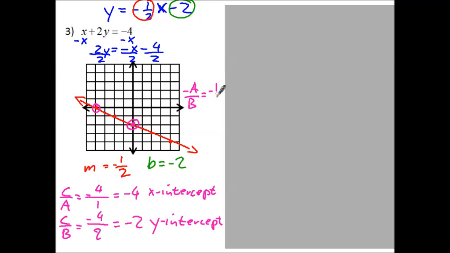In other words, -1 over 2, -1/2. And guess what? That's the slope we also found the other way. Again, just two different ways to do it in standard form. Both of those ways you probably remember since Algebra 1.